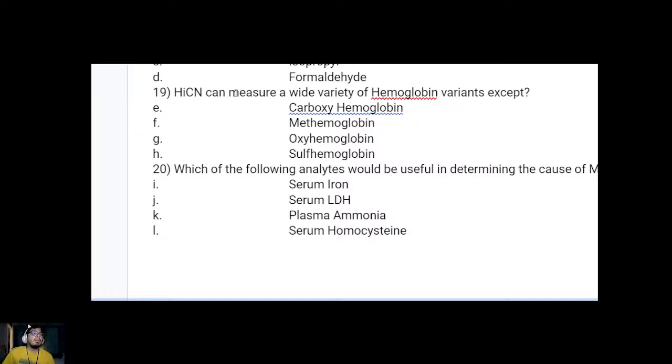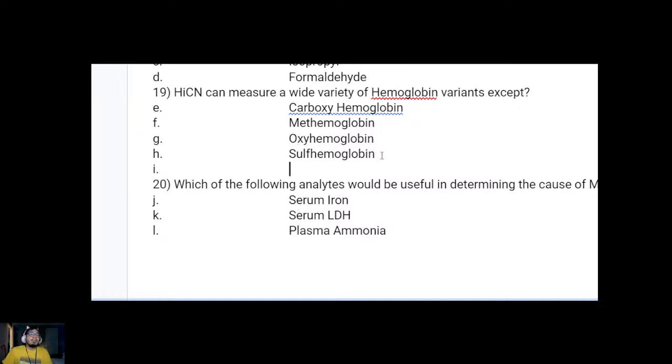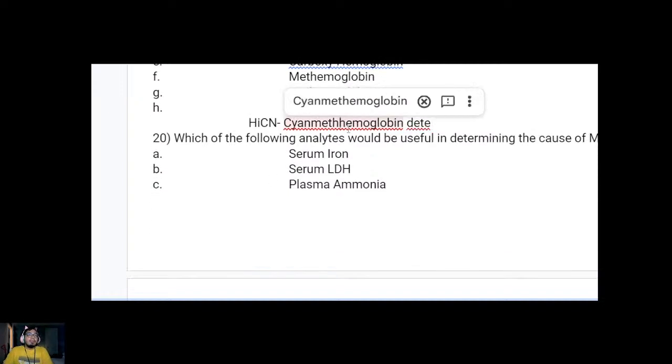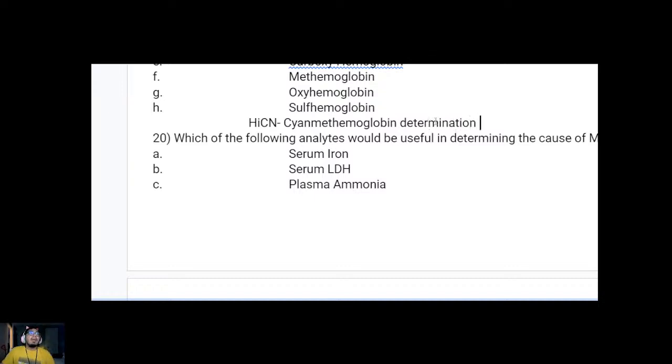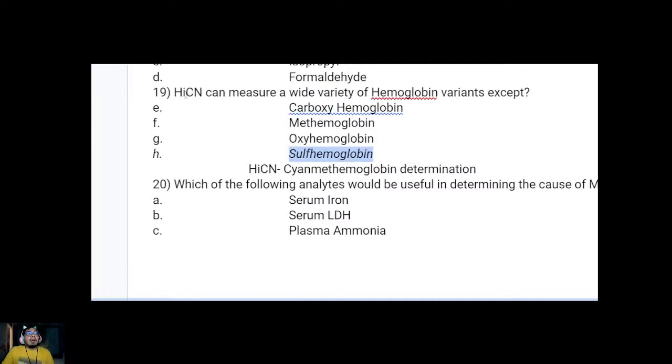HiCN can measure a wide variety of hemoglobin variants except for... HiCN is a methodology known as cyanmethemoglobin determination. It can detect everything except for sulfhemoglobin.